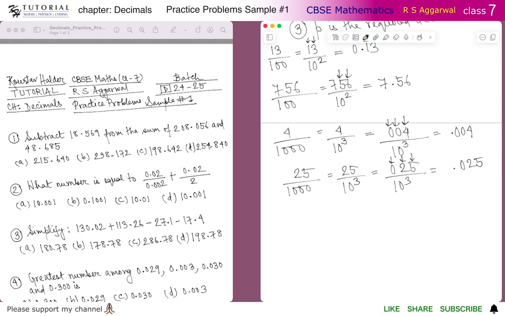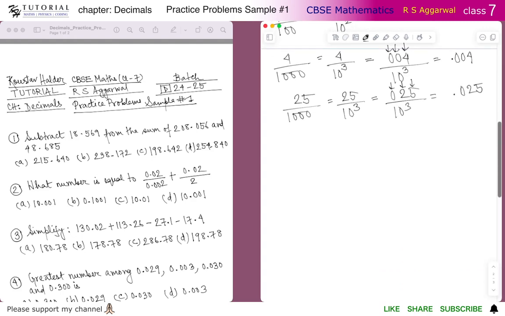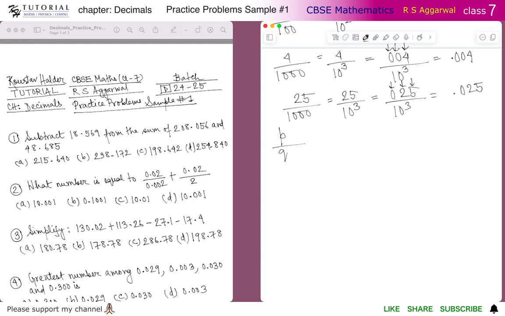Another side note or tip: if you are given a fraction and asked to convert it to a decimal number, let's say the fraction is p by q, where p is the numerator, but q is not a power of 10. Then p by q is not a decimal fraction.